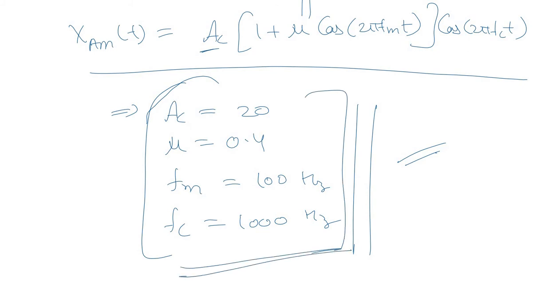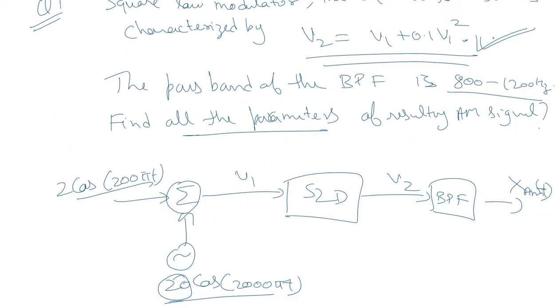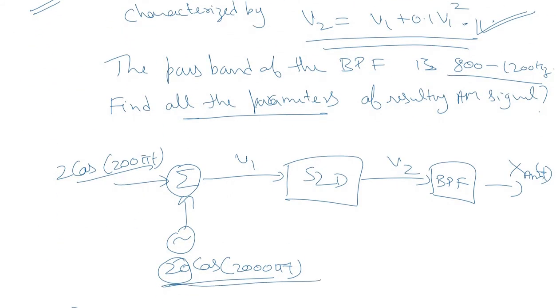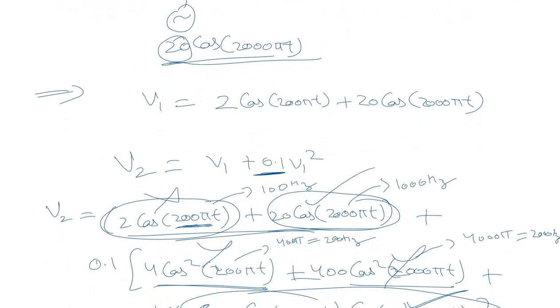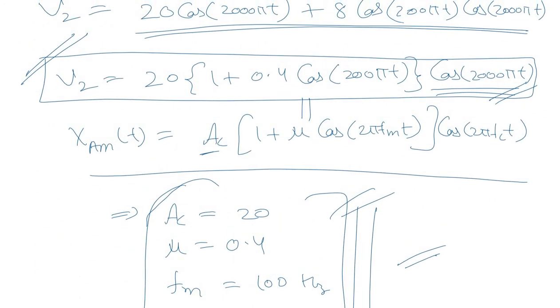You can verify these important attributes from this equation as well as from the given block diagram. We know the carrier signal, we know the message signal, so everything is known to us. So these can be cross verified also. So this is the amplitude modulated signal using the system model, using the method of square law device modulator, right?